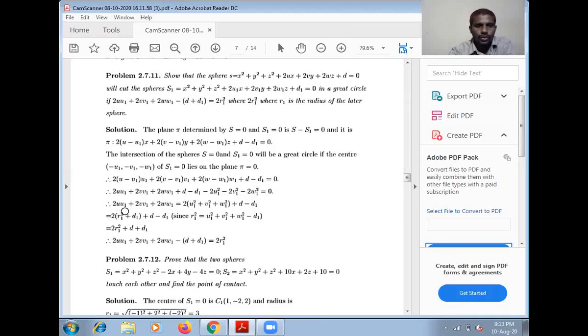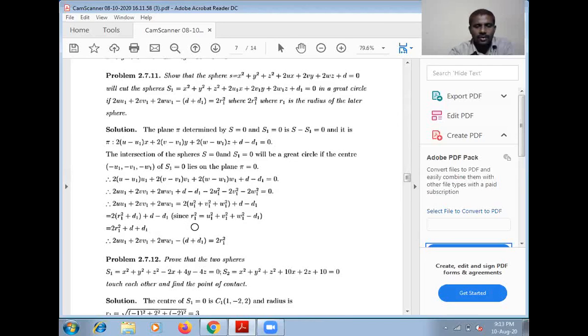So 2u u1 plus 2v v1 plus 2w w1 equal to 2 of u1 square plus v1 square plus w1 square, plus d1 minus d. So here u1 square plus v1 square plus w1 square minus d1 is the r1 square.